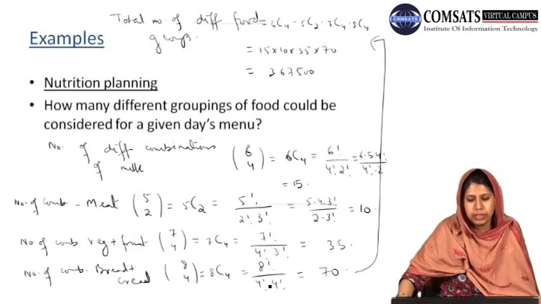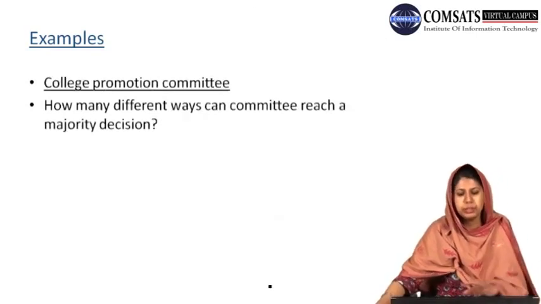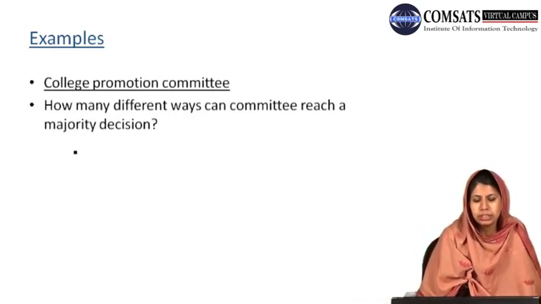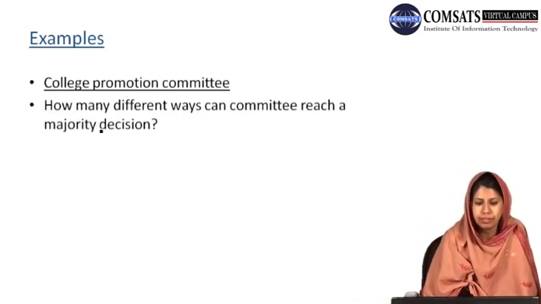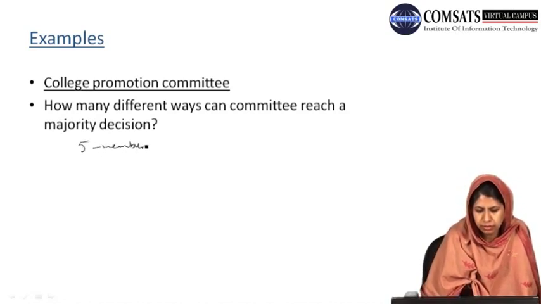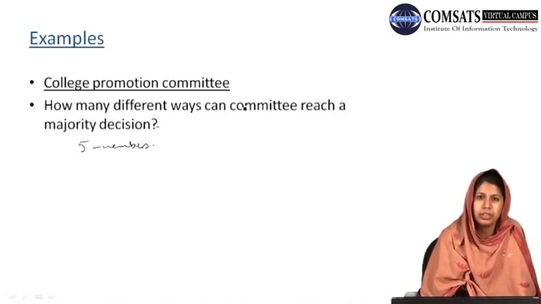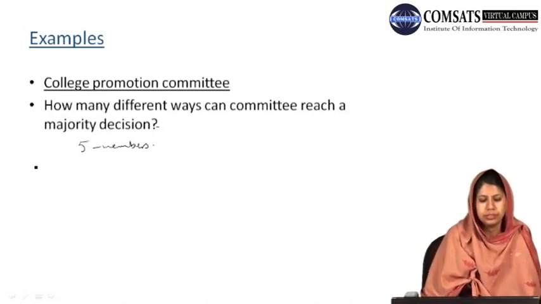Let us consider one more example of the college promotion committee. That is, a college promotion committee has 5 members. How many different ways can the committee reach a majority decision?